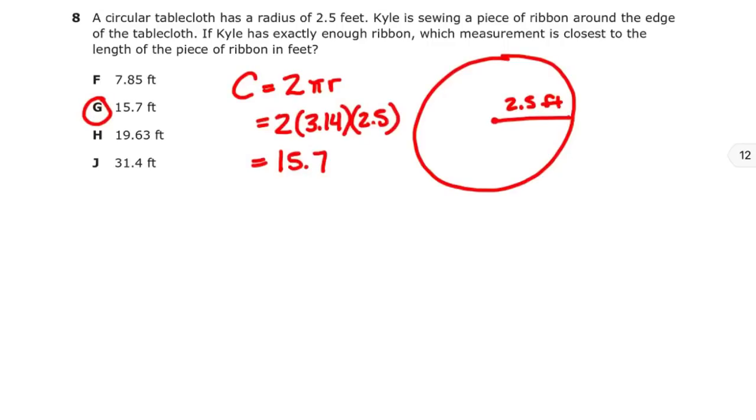The equation is written down there, 2 times pi times radius. So we just plug in the numbers, 2 times 3.14 for pi times 2.5 for the radius. Once you multiply all those together, you're going to get 15.7. And you can see that that matches G. So that will be your final answer.